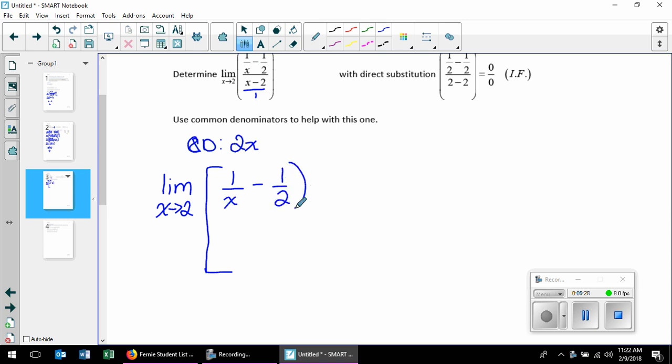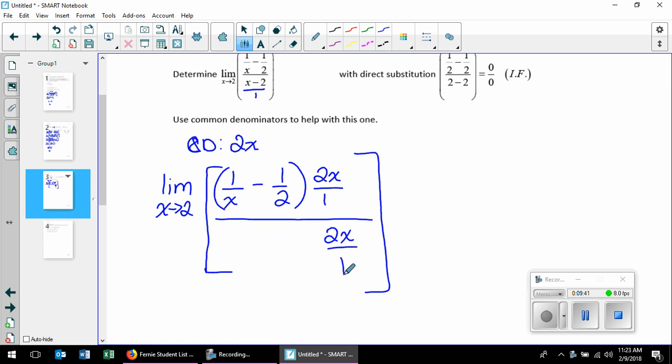I'm going to take this whole thing and multiply it by 2x over 1. The reason I'm going to write it that way is because the denominator, which was just x, is also going to be multiplied by 2x over 1. So really, you're multiplying the top and the bottom by 2x, because you know 2x divided by 2x gives me a value of 1.